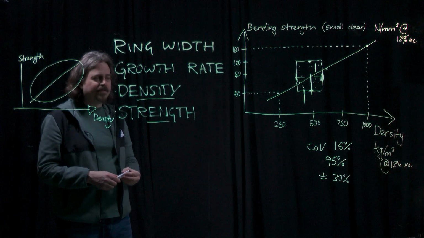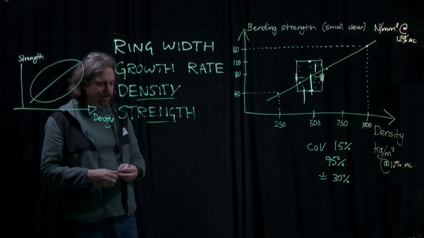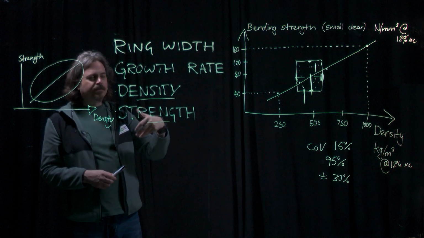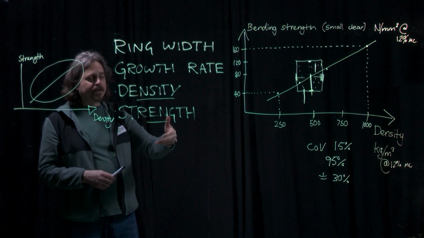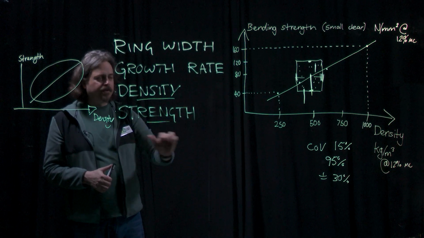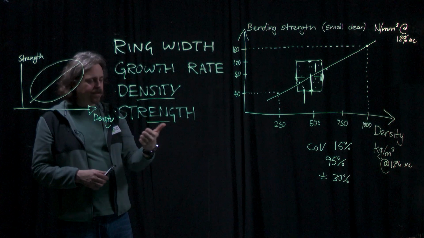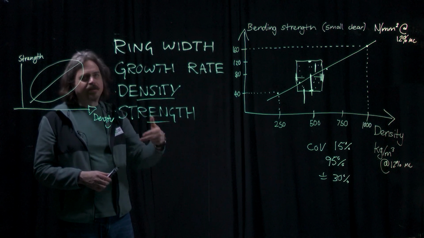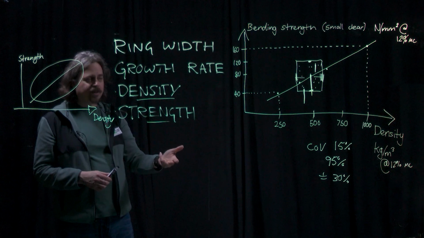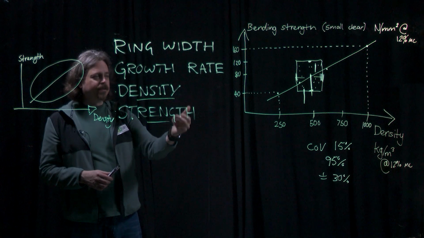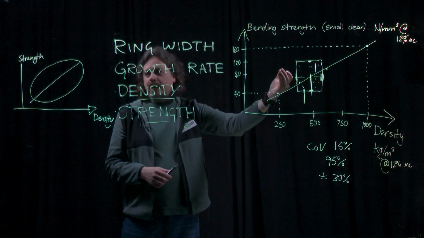And wood is very clever in its construction, and you have variation of the microfibril angle within the middle of the cell wall, which is also very influential for the strength. So depending on the relative amount of lignin and hemicellulose and cellulose that you have and the angle of the microfibril in the wood cell wall, you'll get different values of strength depending on the density, even in a small clear.